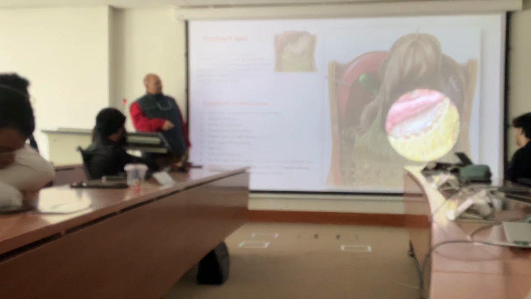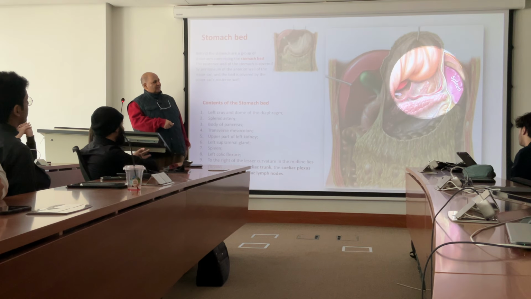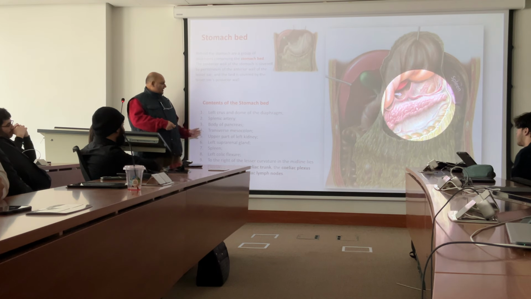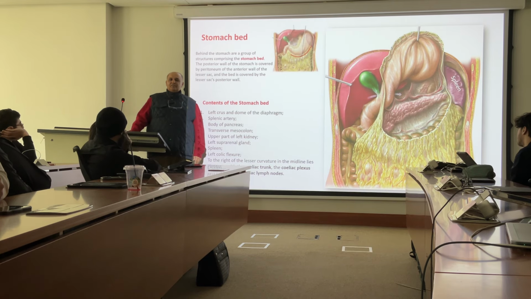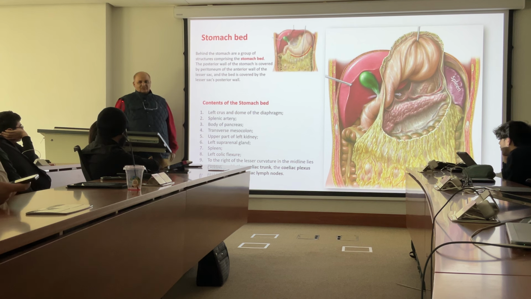Pancreas, transverse mesocolon, transverse colon, splenic artery, suprarenal, left kidney. There are so many structures here, celiac trunk. So these are 9 structures, and we call them the structures that make the stomach bed. The bed for the stomach is made by these 9 structures.